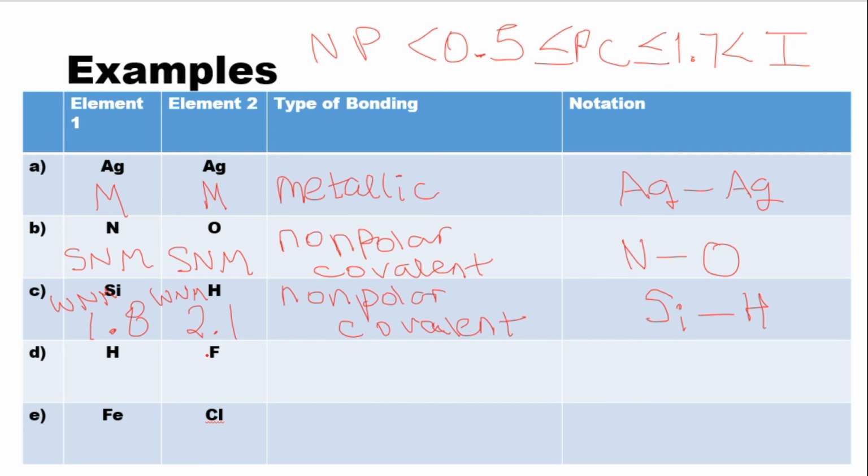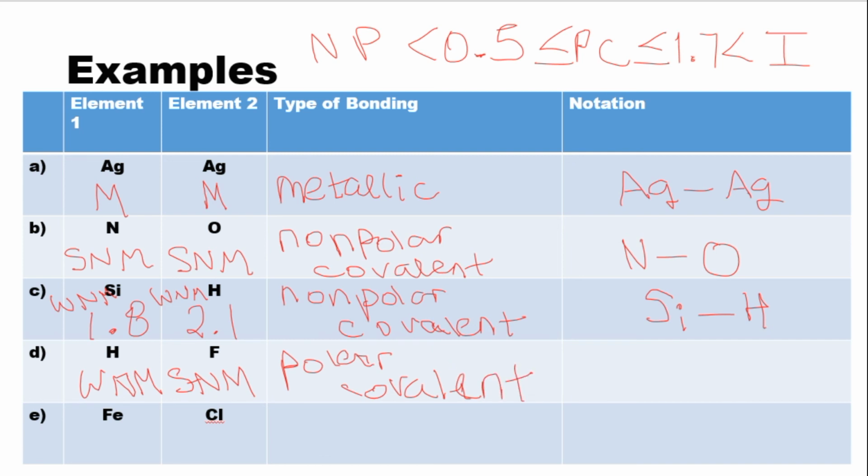All right, the next one is hydrogen and fluorine. This is a weak nonmetal and this is a strong nonmetal. So when you have a weak with a strong, you're going to get a polar covalent bond. If you subtract the difference between them, it will also tell you that it is in between 0.5 and 1.7.